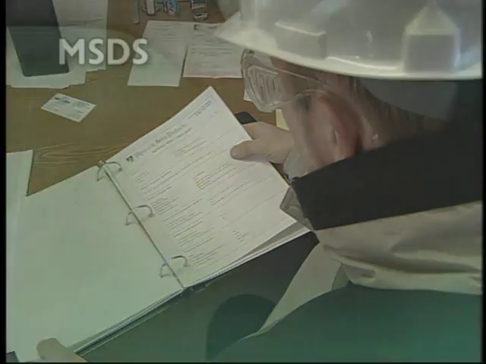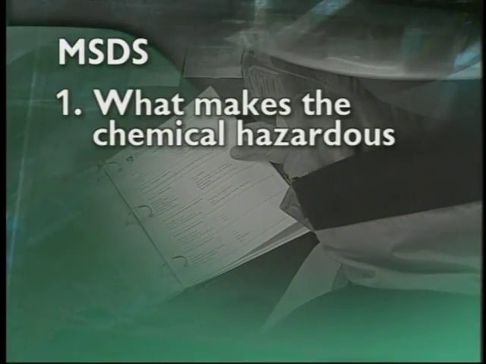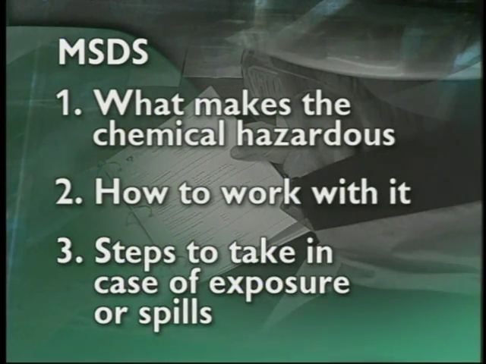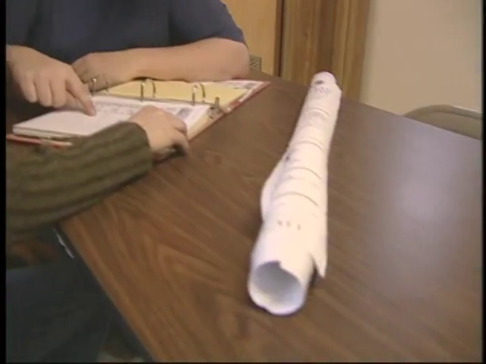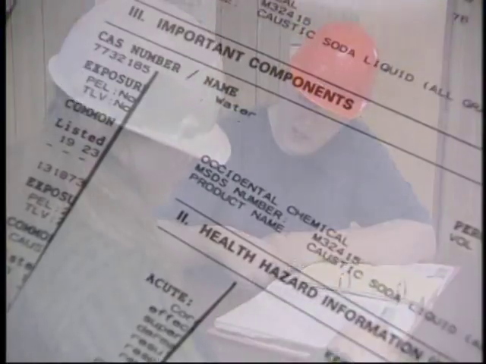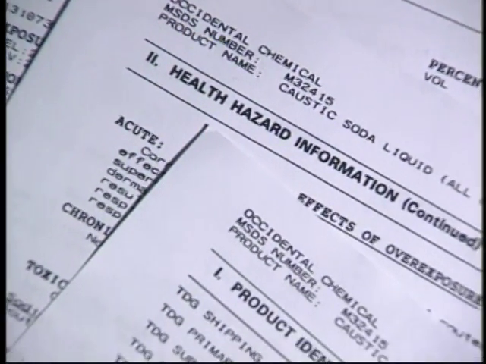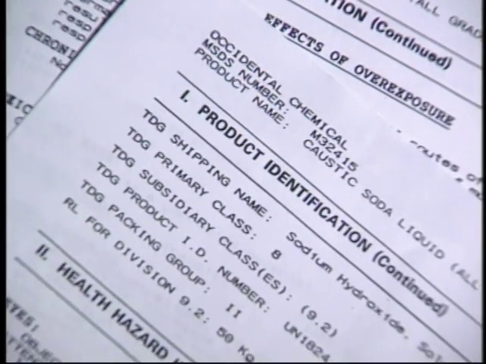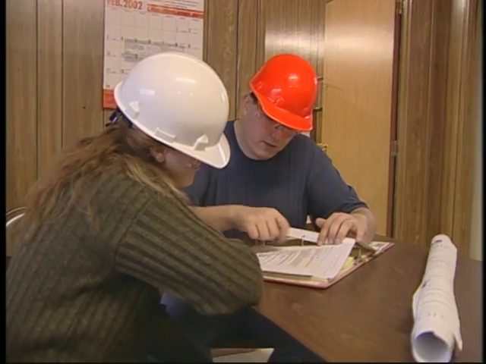The MSDS tells what makes the chemical hazardous, how to work with it, and what steps to take in case of exposure or spills. Your employer has made these sheets accessible for everyone to use, either in a binder or on a computer. Know how to look up this information and always refer to it before you work with an unfamiliar chemical. If you don't understand a label or MSDS, be sure to ask your supervisor.